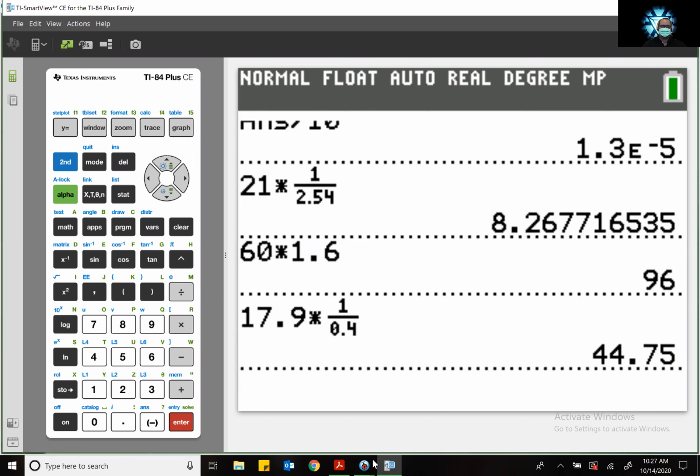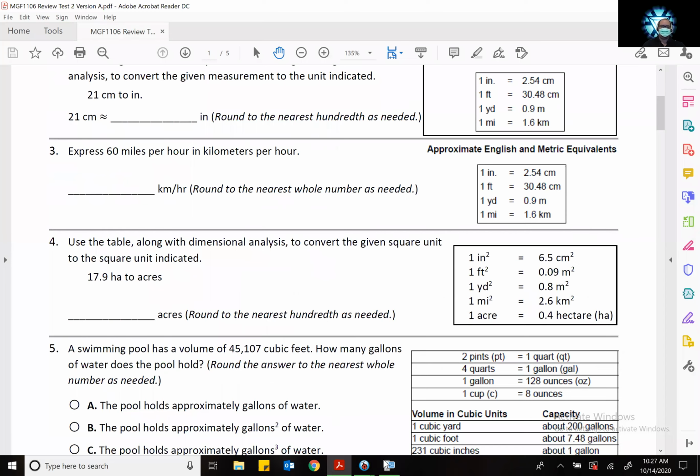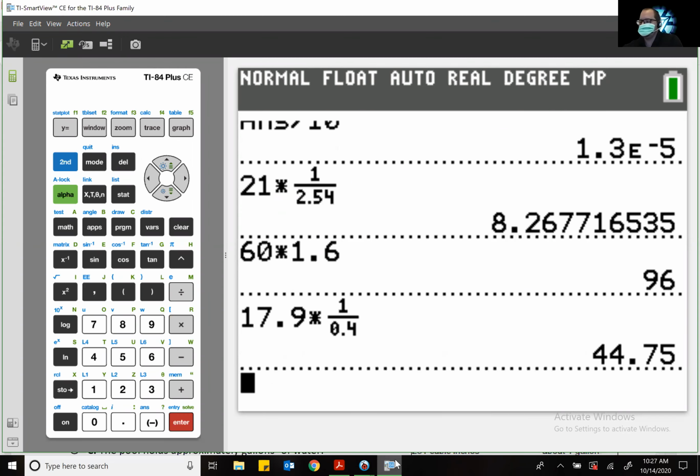And directions, what did it say? Nearest hundredth. So do I have to round this? No, because it's already at the hundredth here with the 5. And there you go, 44.75.